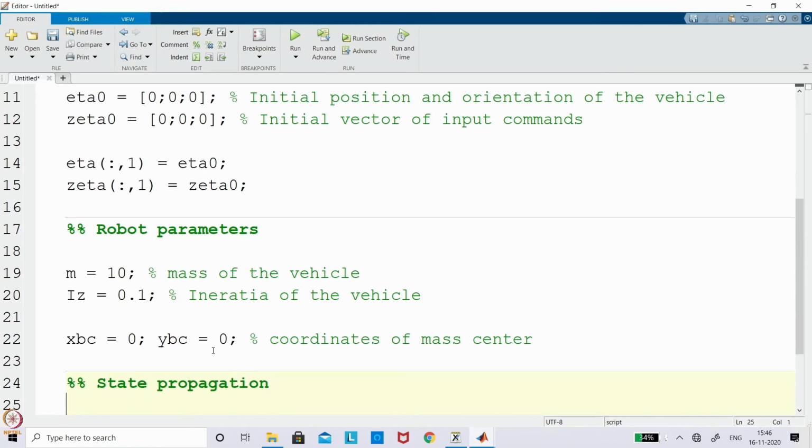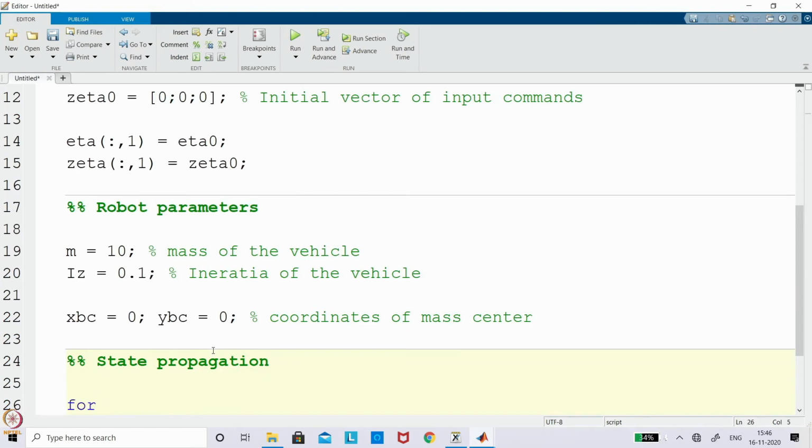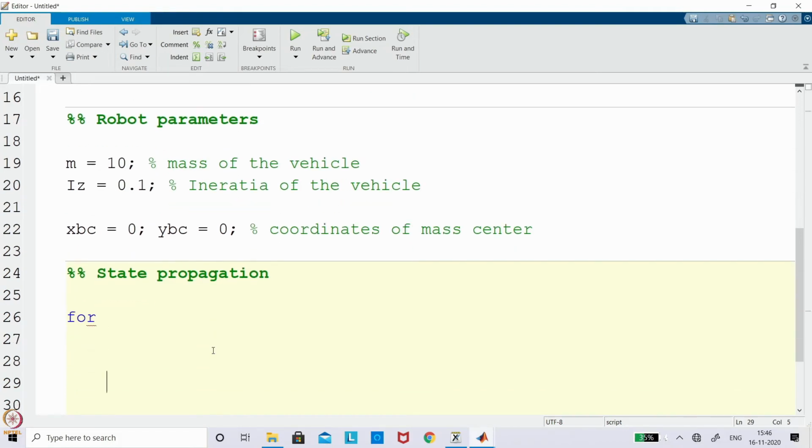I am just putting state propagation, where I will be starting with a for loop. You may think that we are solving two derivatives, so there may be two for loops. No, because we are trying to do it in a single instance. So only one for loop, where it starts from i equal to 1 to length of t. But what do you require?